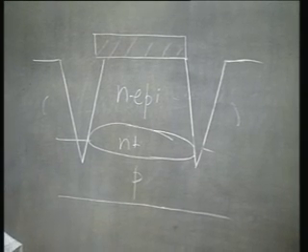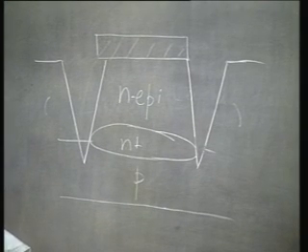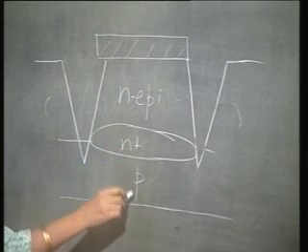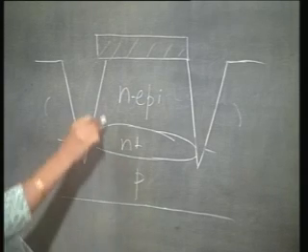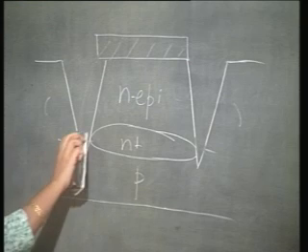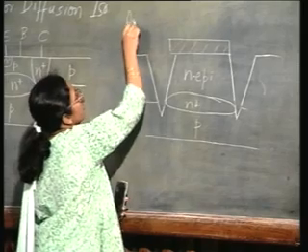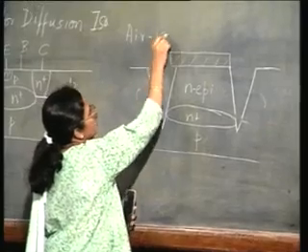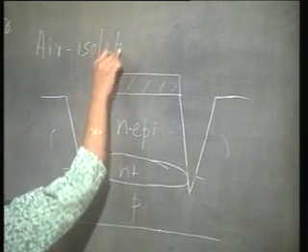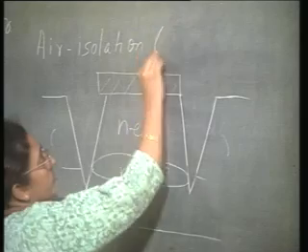There is no path for electrical conduction. Right. This is n plus p, reverse bias n plus p, and there is no path for any current conduction. So, this is air isolation, also called a V groove technology.